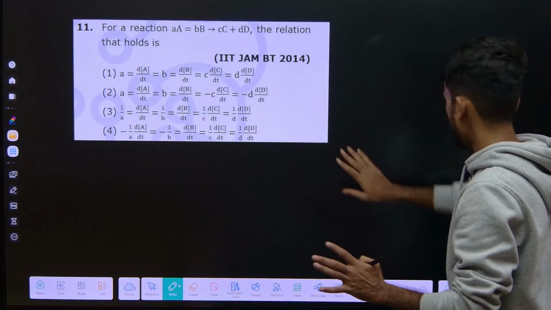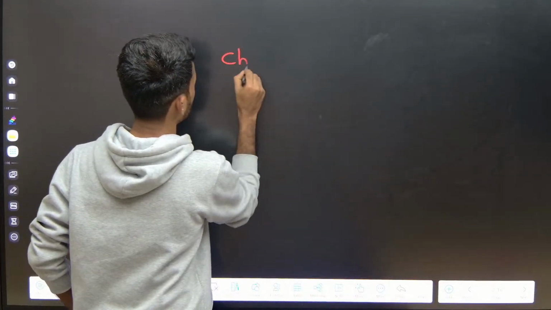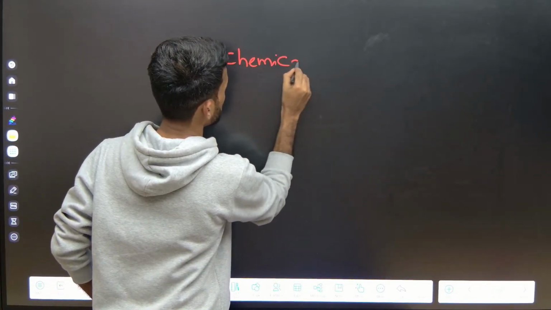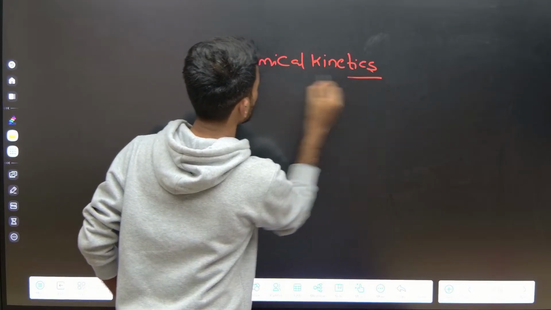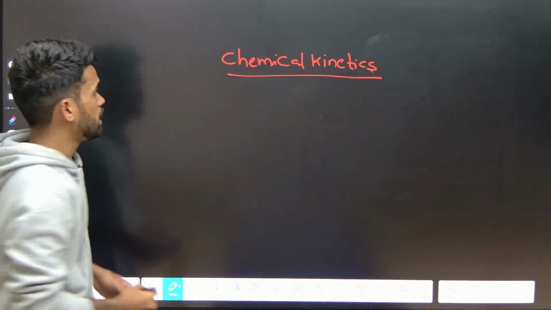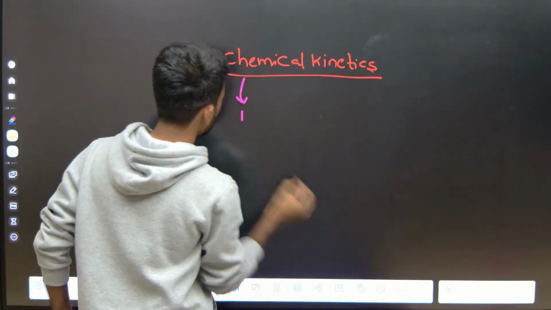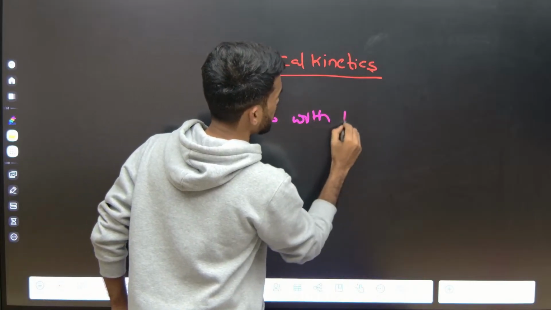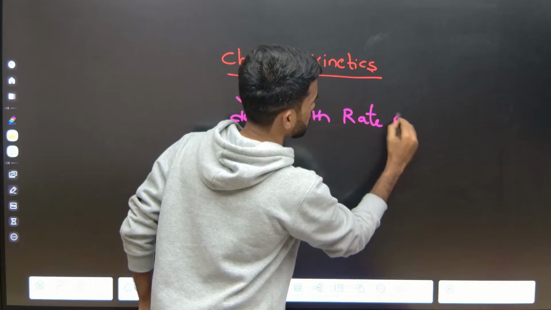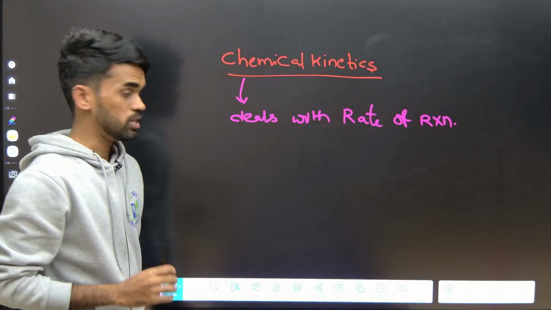Now let us understand what chemical kinetics actually explains to us. What is the use of chemical kinetics? It deals with the rate of a chemical reaction.